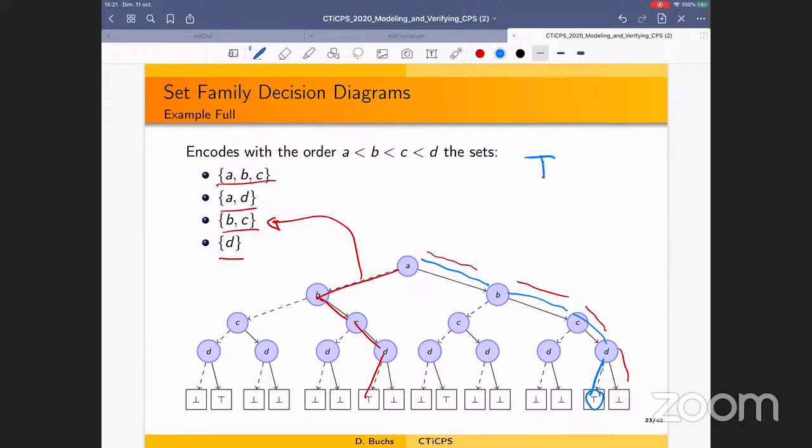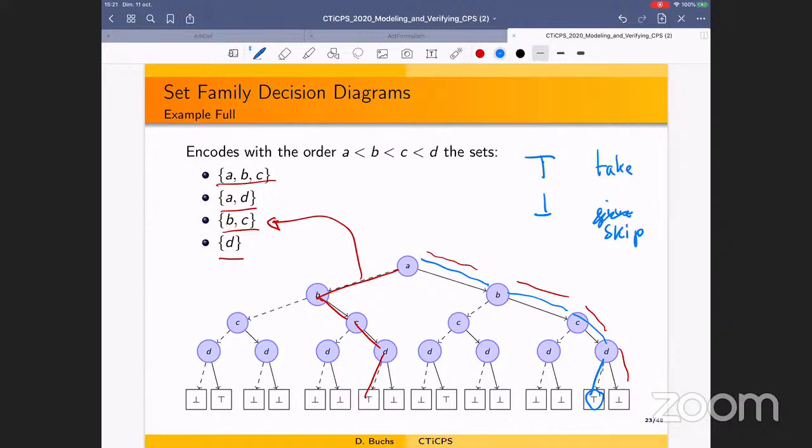Okay, sorry, I didn't explain all the details because it's a little bit long. So it means that it is a take, and this is a give. Skip. So when we have top, we take the node.